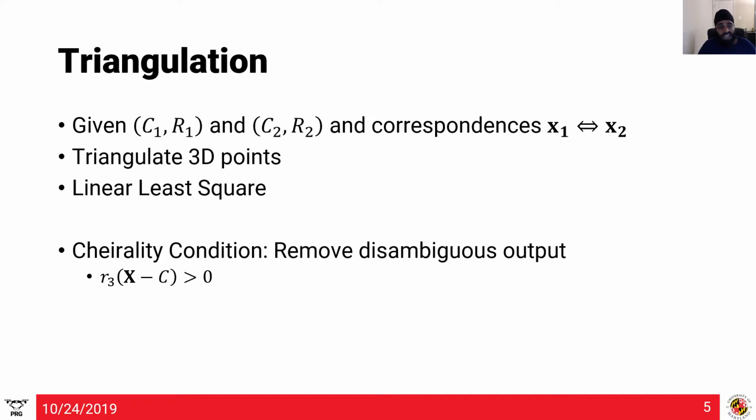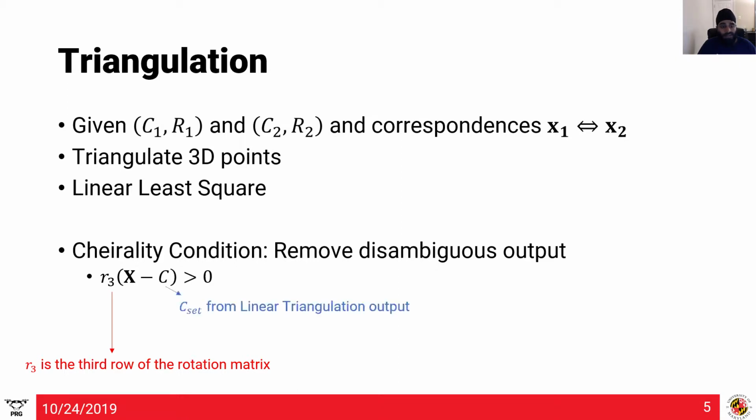I'm computing basically X minus C, and if it's greater than 0, I'm good. Not X minus C, but the third row of R times X minus C. R3 is the third row of my rotation matrix. C is from my linear triangulation output, so this is my translation, and X is the set of 3D world points.